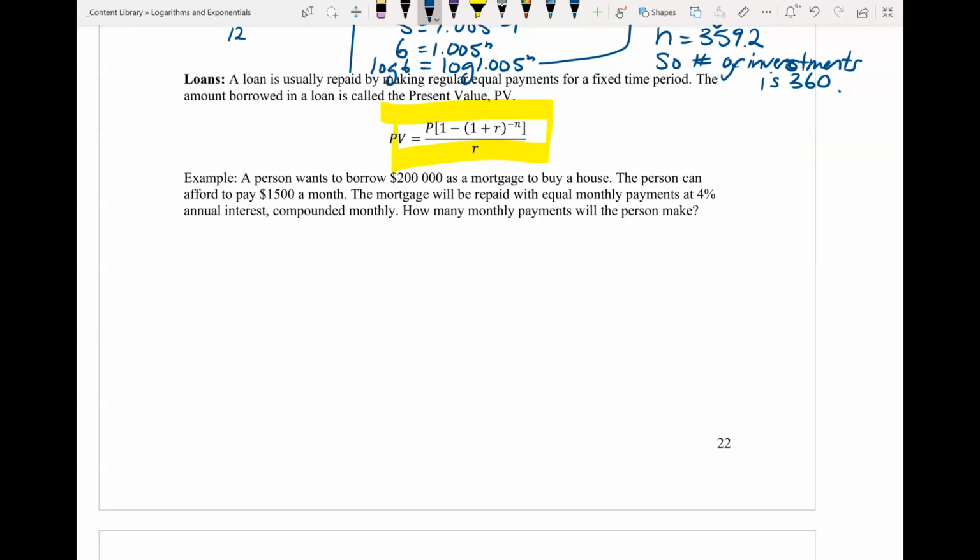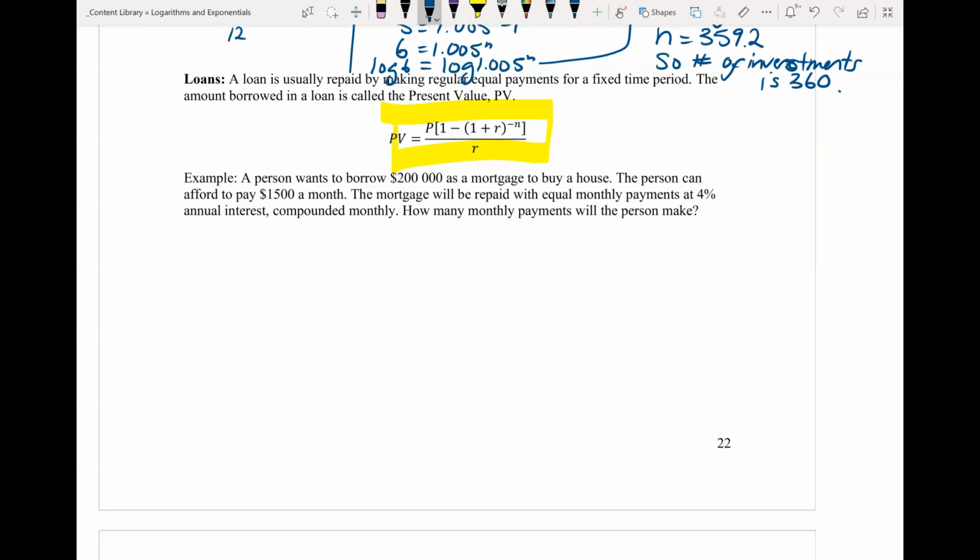So for our next example, a person wants to borrow $200,000 as a mortgage to buy a house. The person can afford to pay $1,500 a month. The mortgage will be prepaid with equal monthly payments at 4% annual interest compounded monthly. How many monthly payments will the person make?